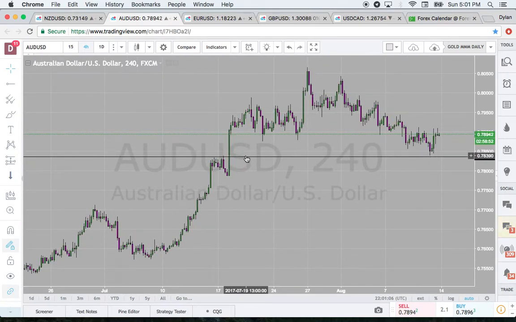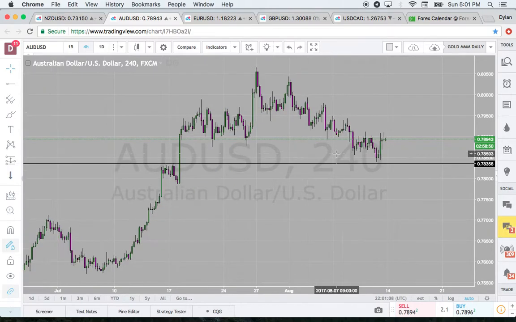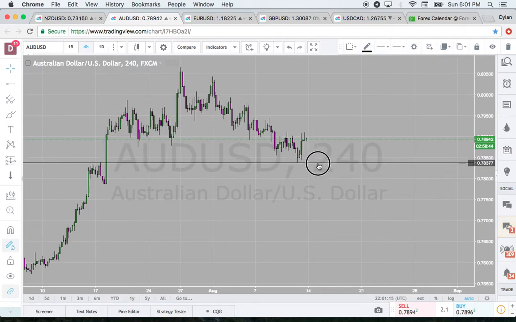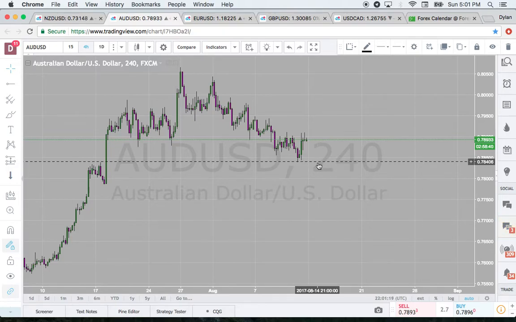If we do have a breakout to the low, this line here, this support, resistance, whatever you want to call it, basically the 0.785 price area will be broken in one large candlestick.